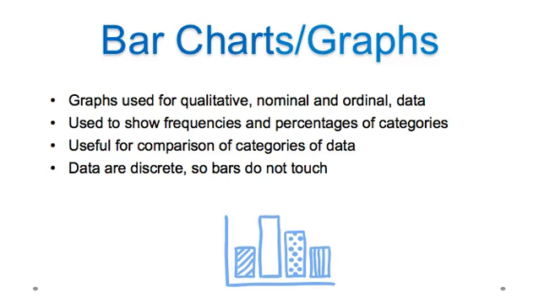Bars of equal width are drawn for each category. The height of each bar represents the category's frequency or proportion or percent. The bars do not touch each other because the data are discrete. There is no overlap between the categories.